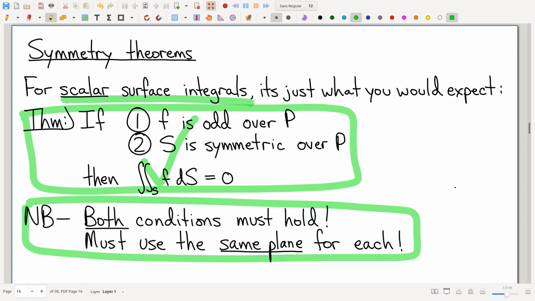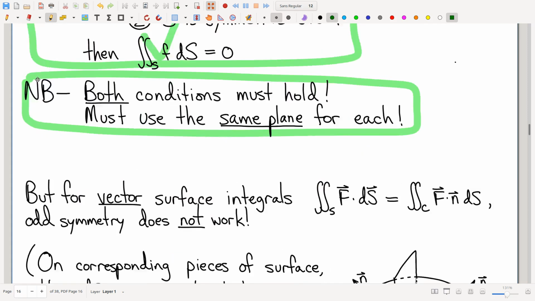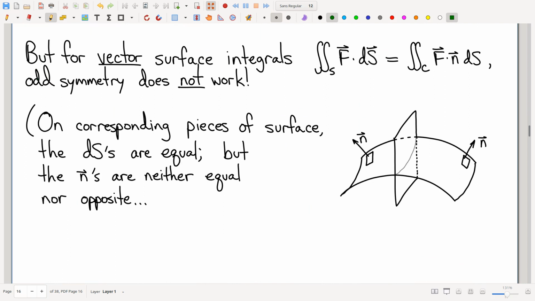Okay. All right. Now, just like with line integrals, this is scalar only. Scalar surface integrals only. Very important. It just only works for scalar surface integrals. Here's how it plays out for vector surface integrals.